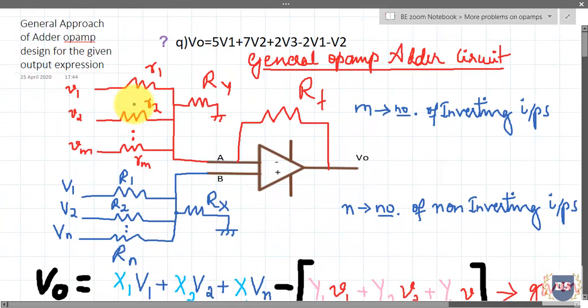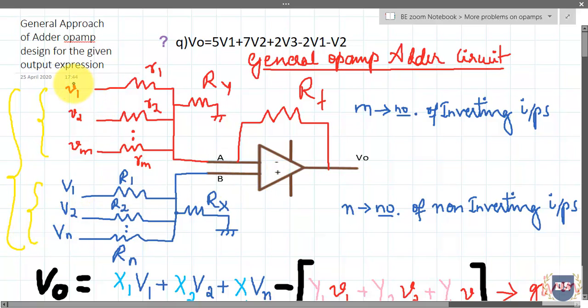Now, just by looking at this general op-amp adder circuit, I can make out that it consists of multiple input voltage sources, and I can clearly distinguish between the input voltage sources associated with the inverting input terminal and those associated with the non-inverting input terminal.